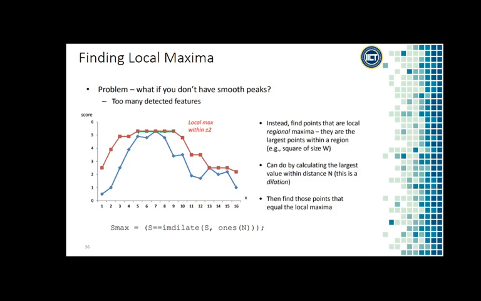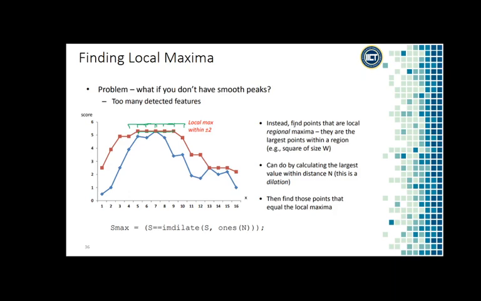But the problem is that if this is smooth, if you have a smoother version of this, it is again yielding the same response. So the local maximum within plus minus 2 is a kind of smooth behavior.